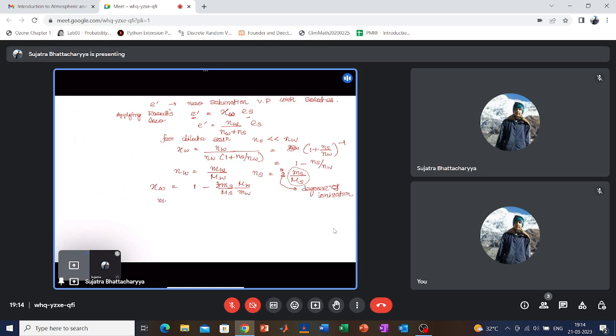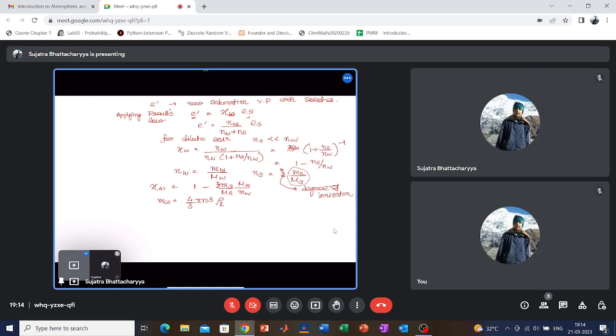Now MW will be written as 4/3 pi r cube times rho L, because this is the volume of that particular water, and rho L is the density, as we have already considered in the curvature effect. Fine.